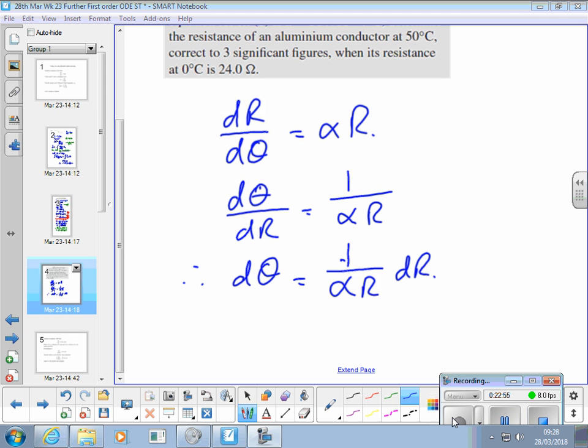What you want to realise as far as integrating that term is concerned is that it is a 1 over fraction, and I think that's more understandable that way. Tell me if you disagree. So now we need to integrate both sides.